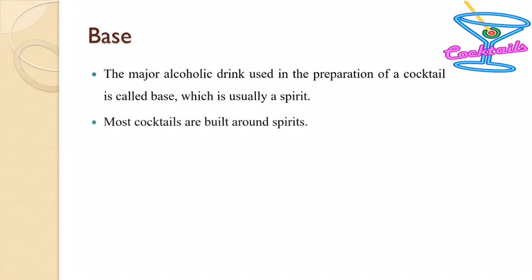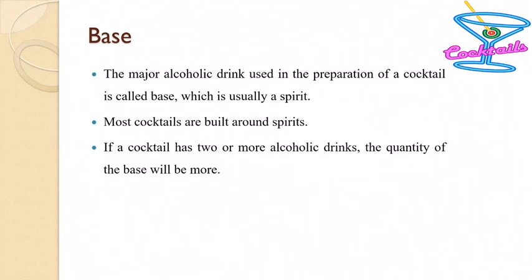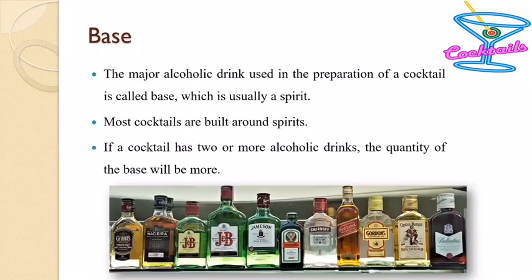Most cocktails are built around these spirits. If any cocktail has two or more alcoholic drinks, the quantity of the base will be more, which means the drink which is more in quantity will be termed as the base of the cocktail. These are certain examples of the base.